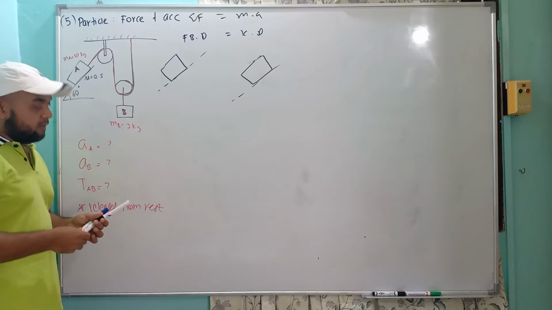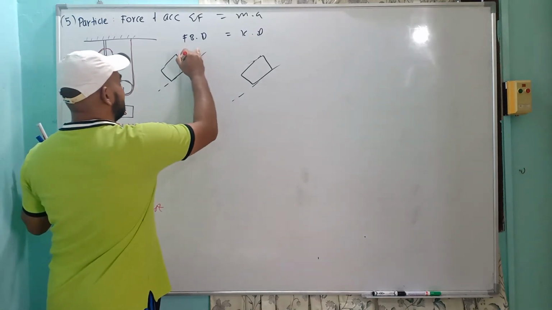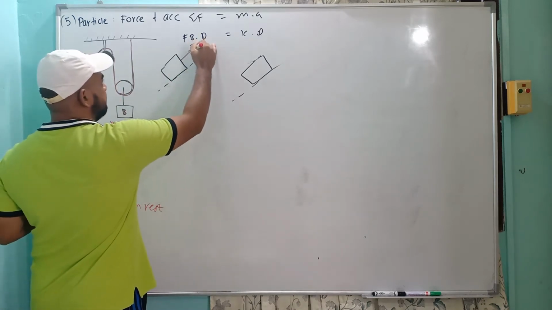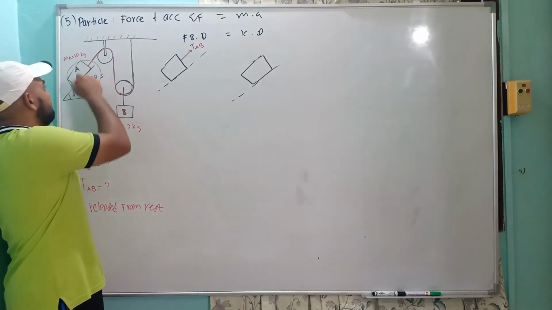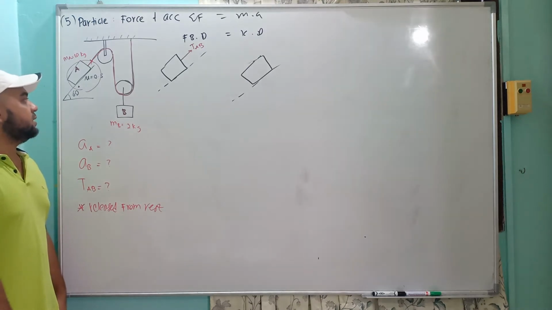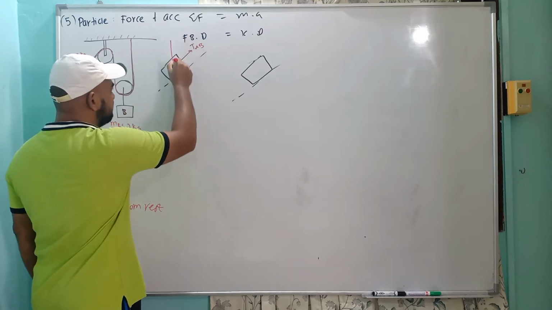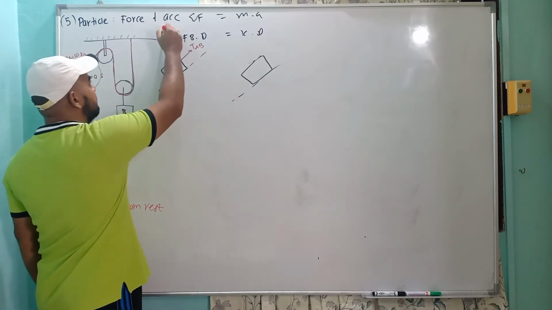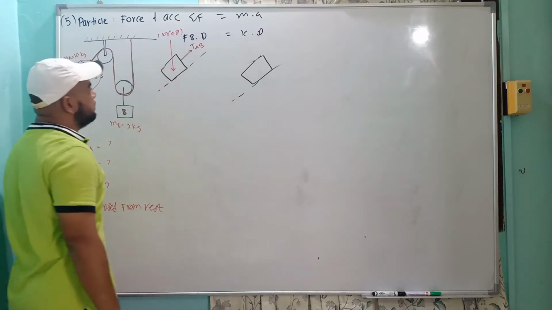First we have detached it, and then we put on the external forces. In this case, we have T, or TAB. Tension in the cable is always outward from the component. Then we have the mass, so we put mg downward: m is 10, g is 9.81, so 10 times 9.81 downward.